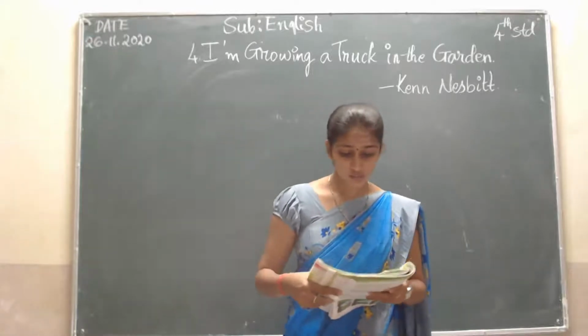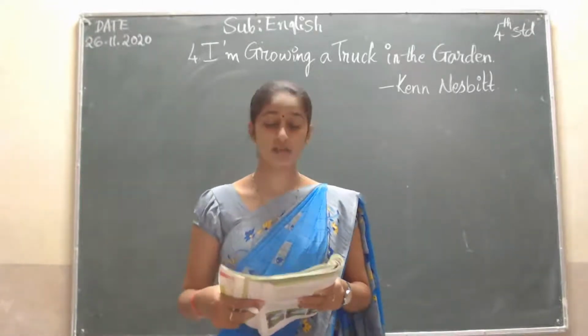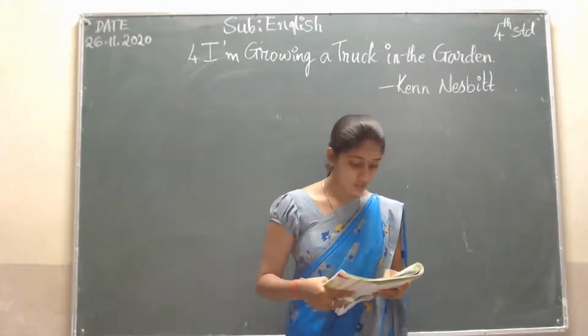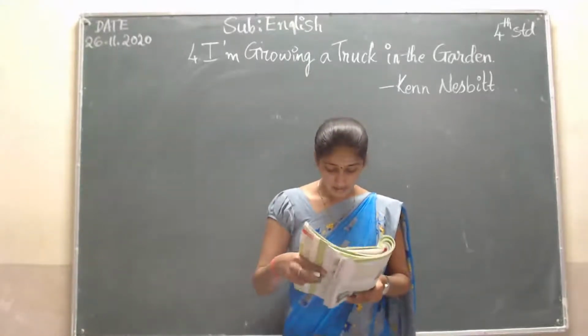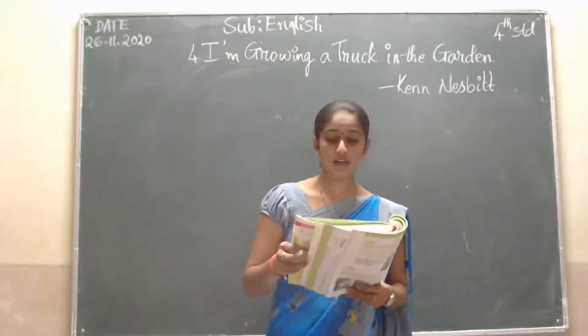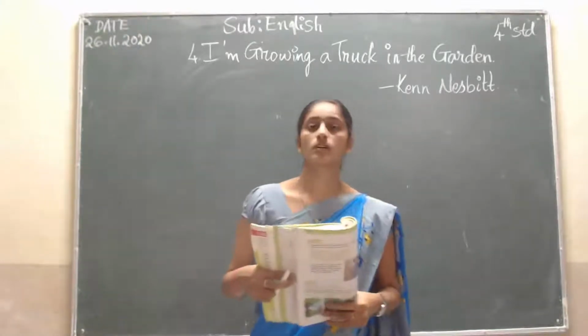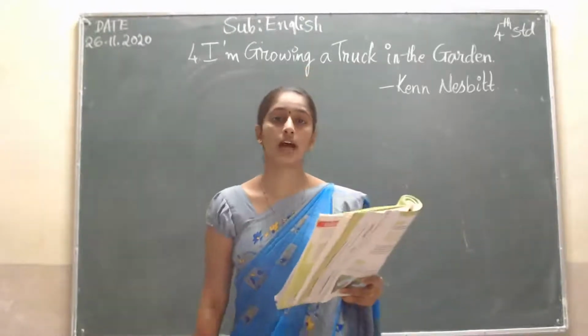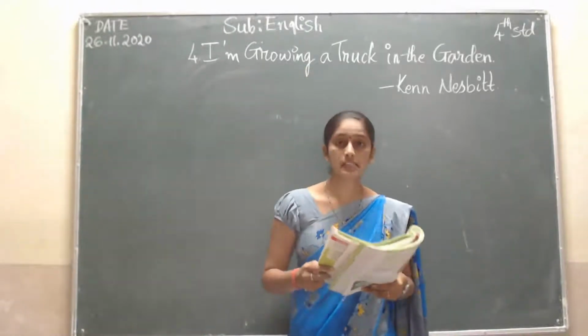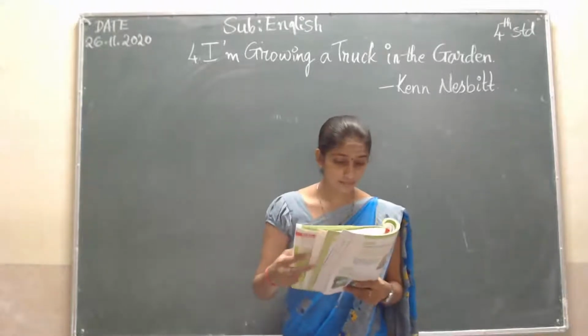Read a humorous poem about a boy who thinks he is growing a truck and other toys in his family garden. So this is a poem about a boy who wants to grow a truck and other toys in his garden instead of growing any seeds. So we will see this poem.